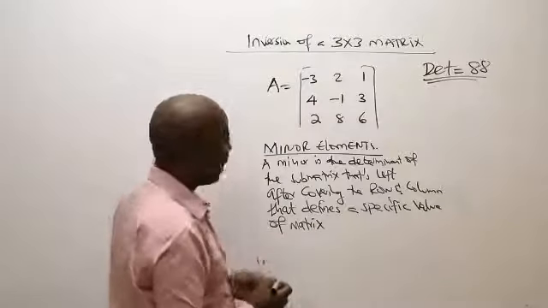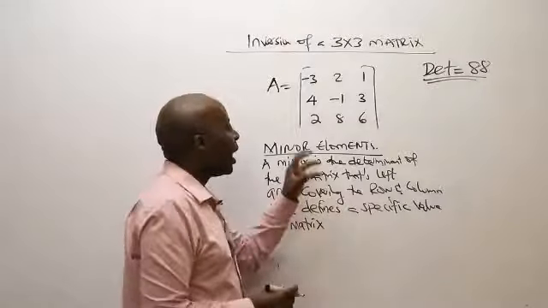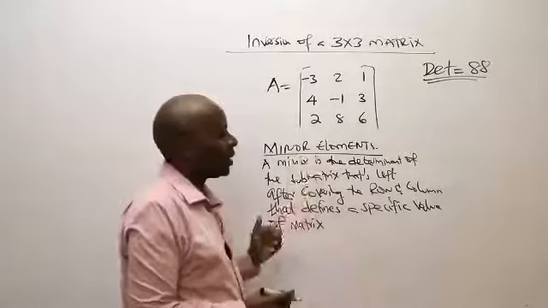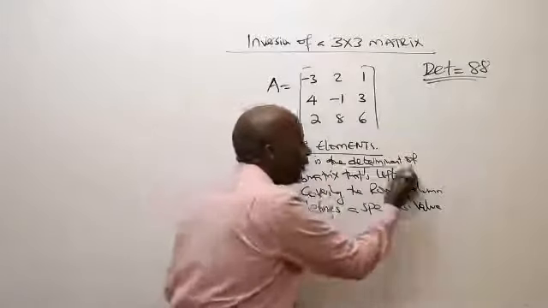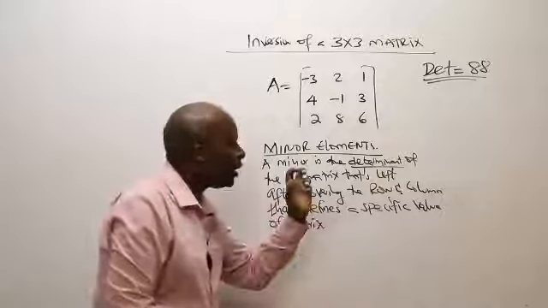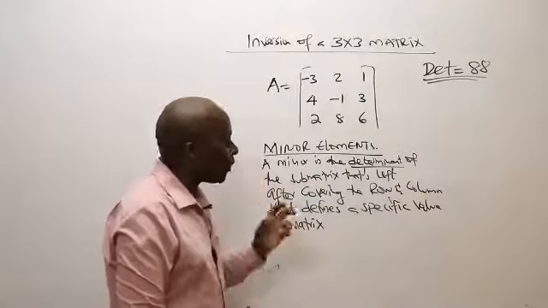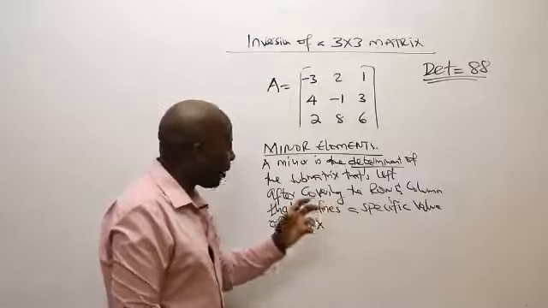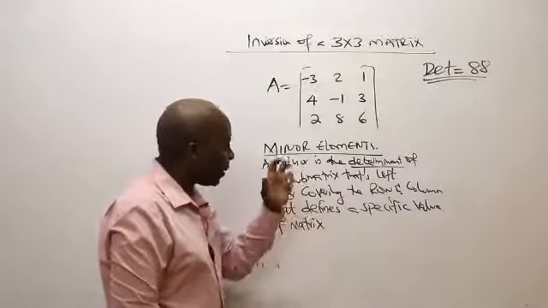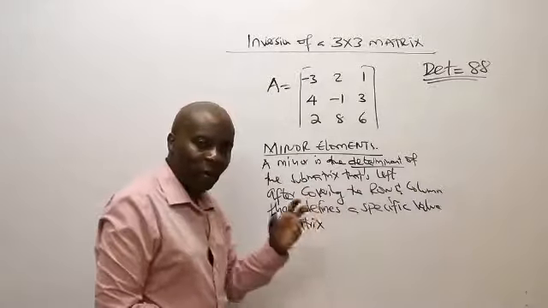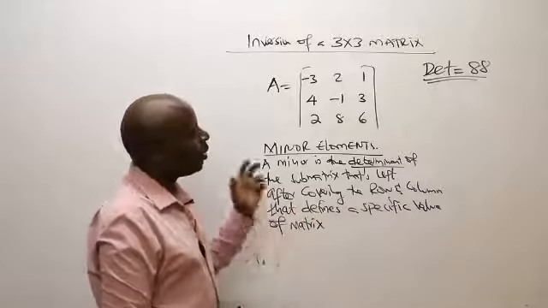So a minor element happens to be the determinant. Again, we are encountering this thing of determinant here. It is the determinant of the submatrix that is left after covering the row and column that define a specific value of a matrix.